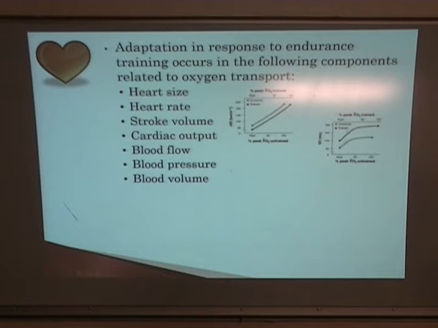We know that we see increases in stroke volume with training, because then we see decreases in heart rate with training. Cardiac output: the biggest change is that someone who's trained can go for longer, has more availability of cardiac output at high intensity.